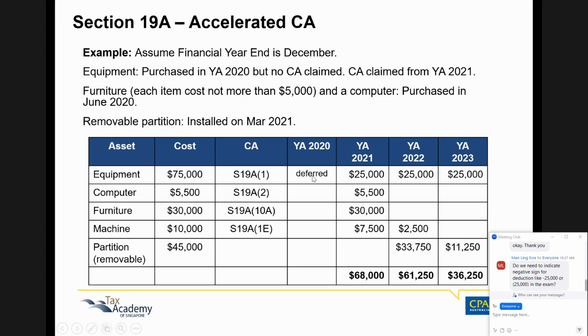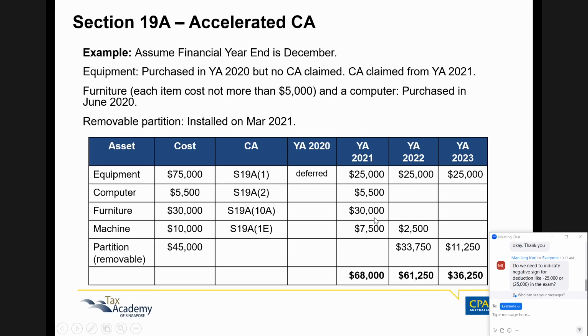So this one, even though my first claim is in YA 2021, when I incurred the expenditure, it's not within that qualifying period. So I claim over 3 years. Okay, computer. I know computer, I can do the accelerated claim 100%.